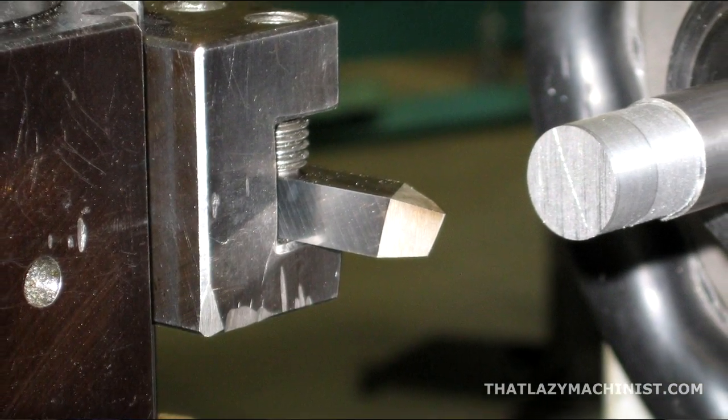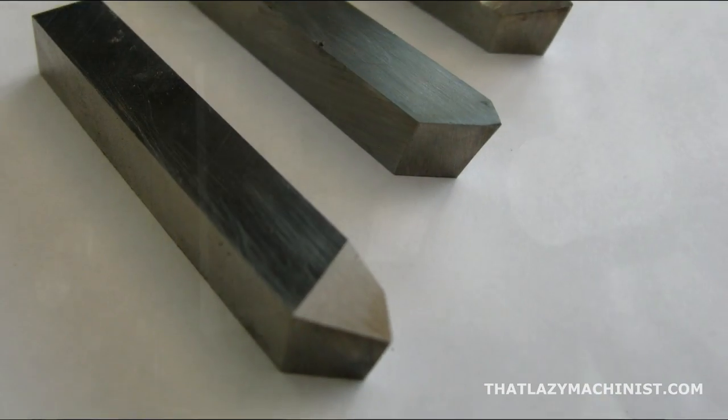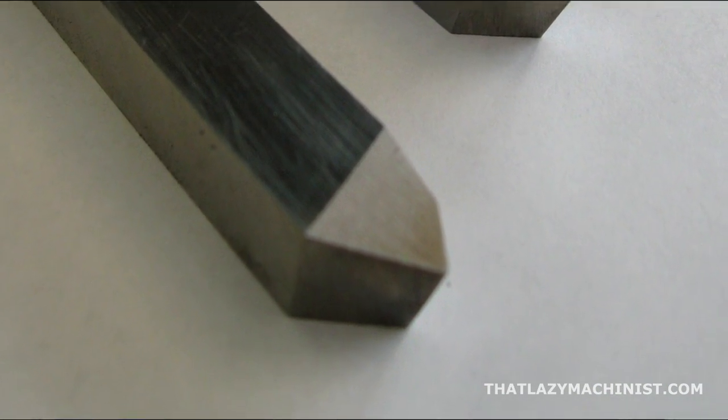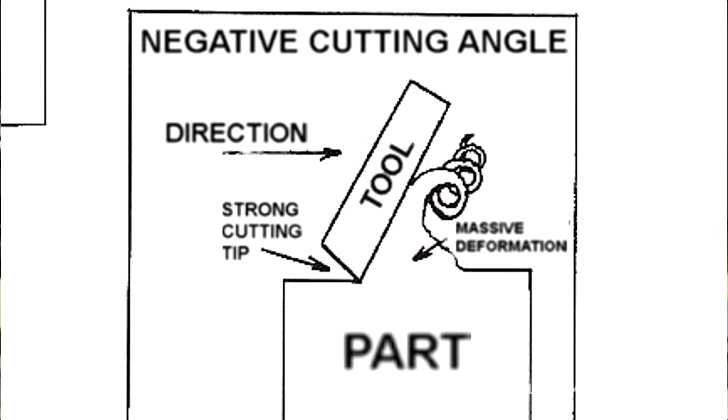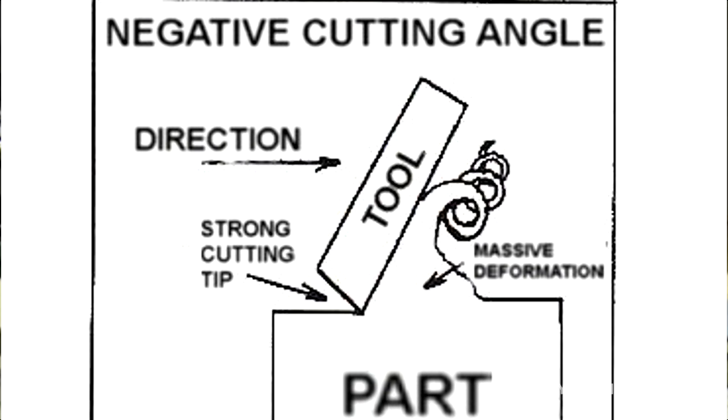To cut hard or tough materials, we want to use a negative cutting angle. A negative cutting surface is when the cutting surface of the tool describes an angle smaller than 90 degrees to the surface being cut.